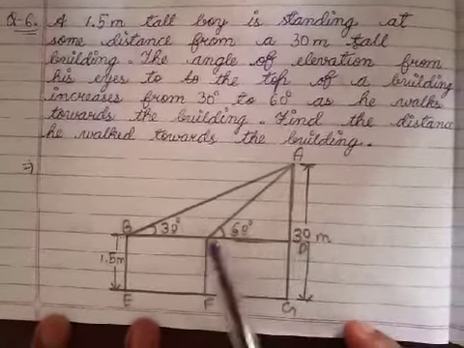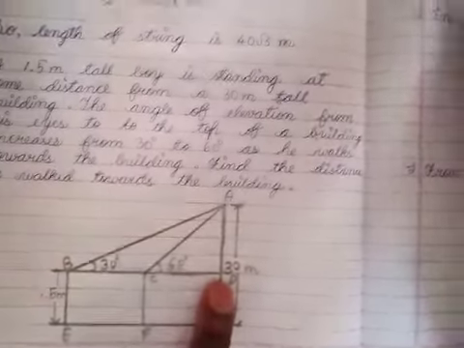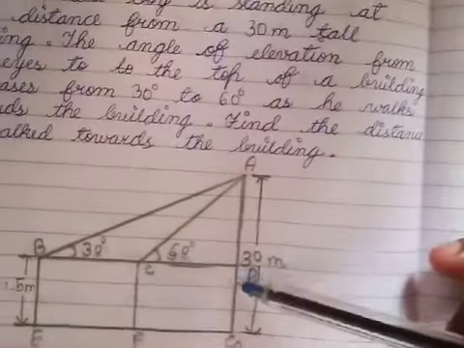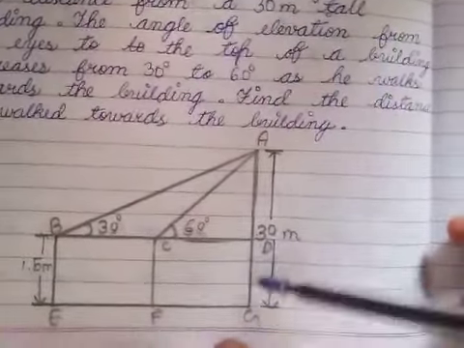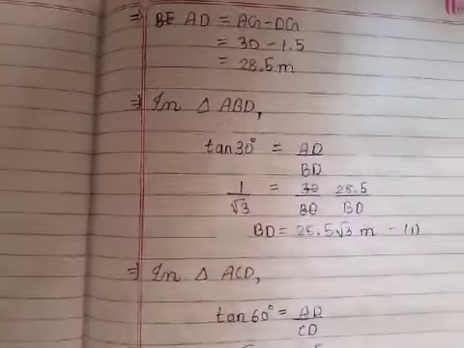So let's see AD. Here we have to find AD. What is AD? It is AG minus DG. BE is equal to DG. Why is BE equal to DG?